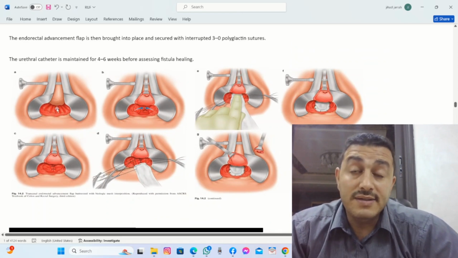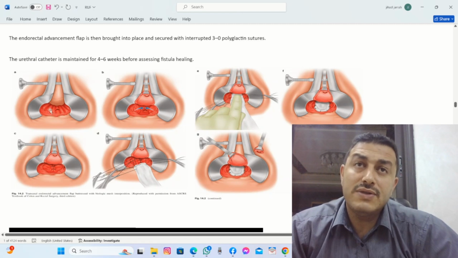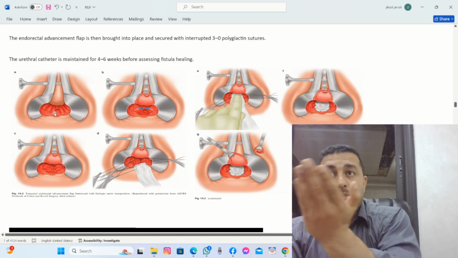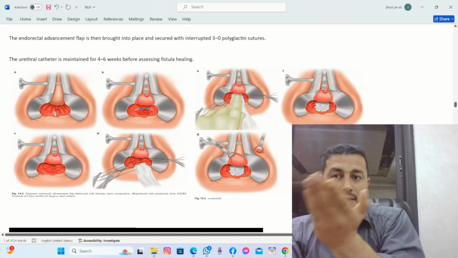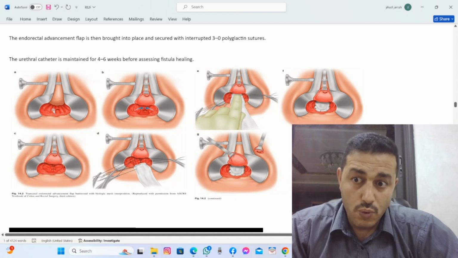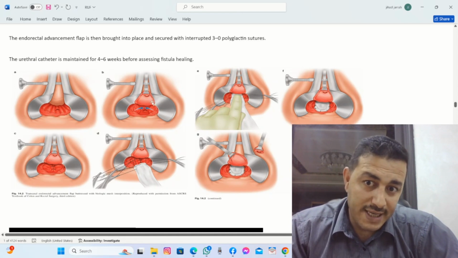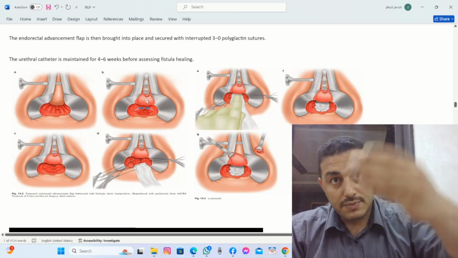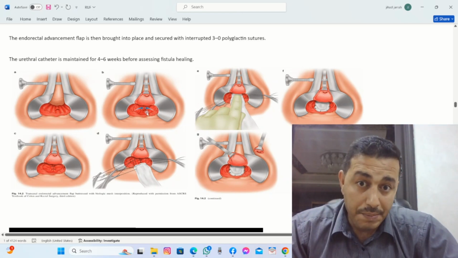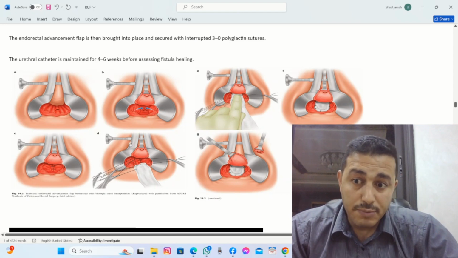We identify the fistula opening in the rectum, and we dissect part of the rectal mucosa and submucosa up to the rectal wall and muscularis propria. And you see here, we take a little bit of flap and we move it proximally. After that, we close the opening. Here they put a mesh. This is optional.